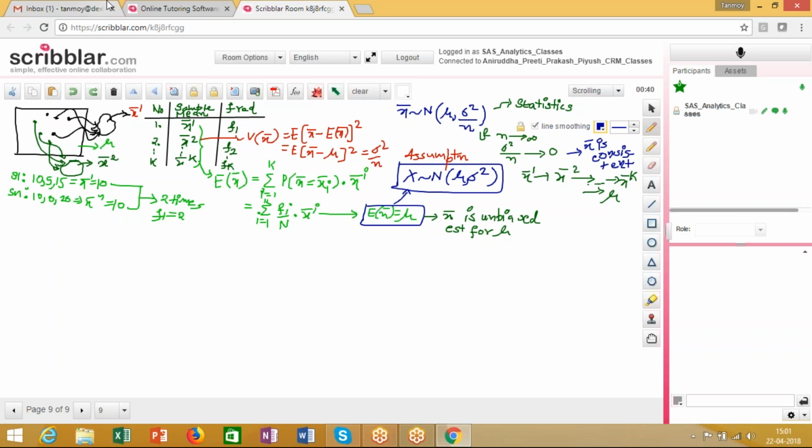Now, ideally, sample median is a consistent estimator for mu. So basically, as n tends to infinity, the sample median would also tend to mu, because as your n tends to infinity, your population asymmetries and your sample asymmetries start reducing, and you start converging to a symmetric distribution, right?